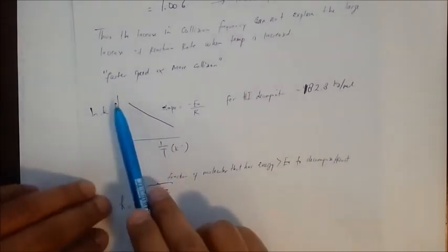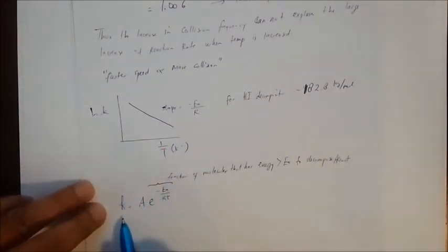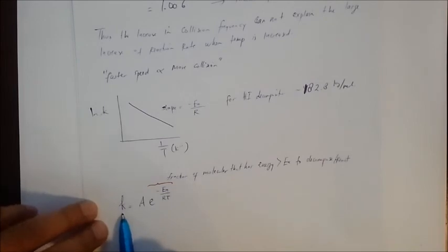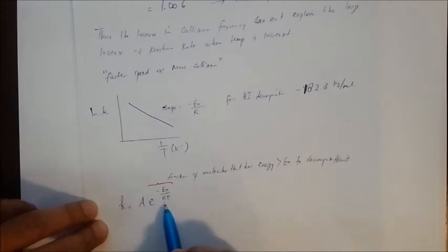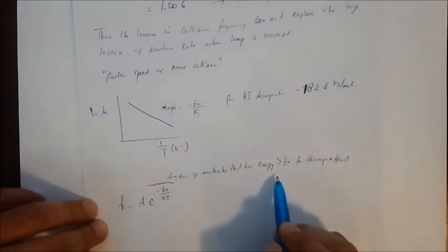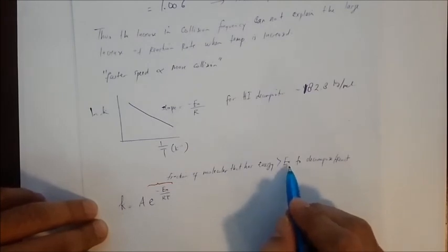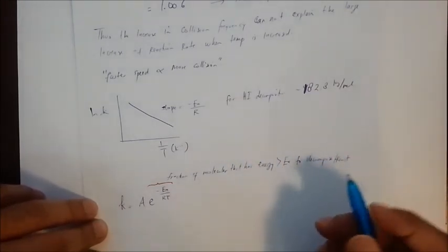Now this brings us to the Arrhenius relation. The reaction rate constant k equals the pre-exponential Arrhenius factor A times e raised to the power of minus Ea over RT. This e to the power of minus Ea over RT is the fraction of molecules that has energy higher than the activation energy to decompose or to react, right?